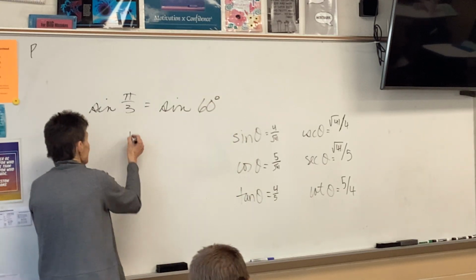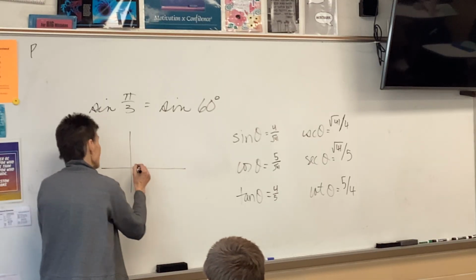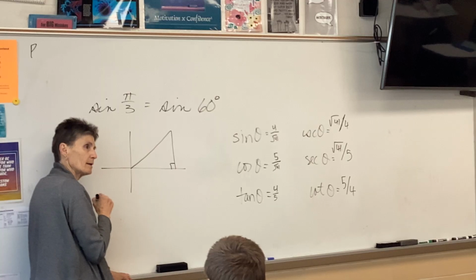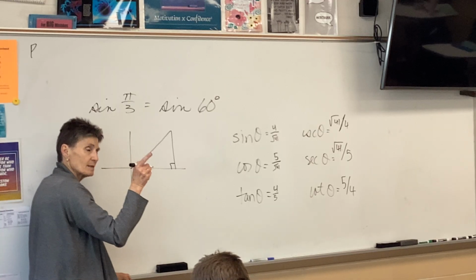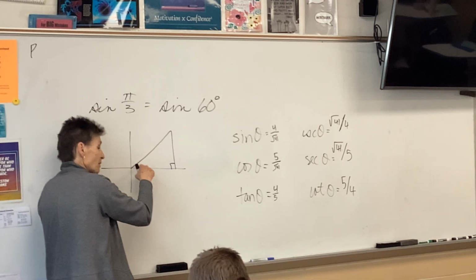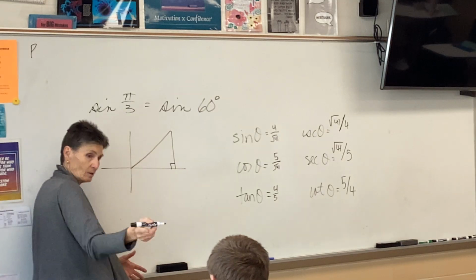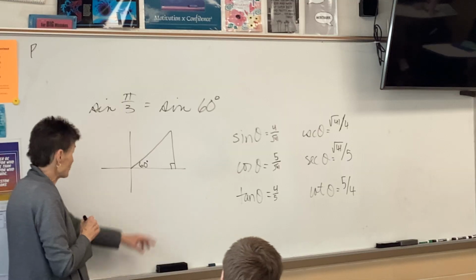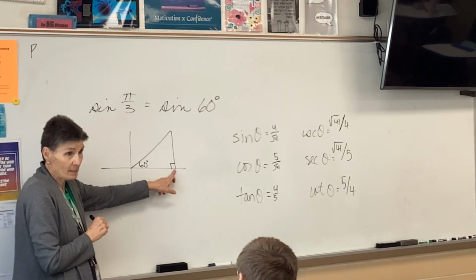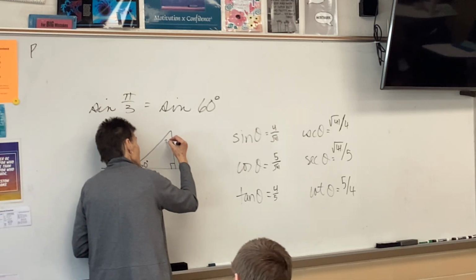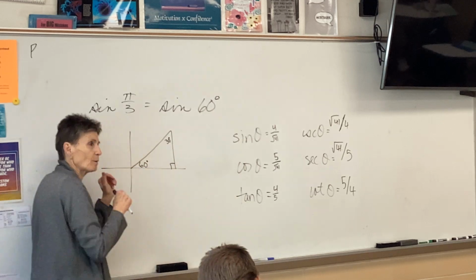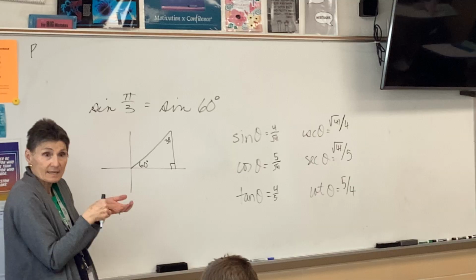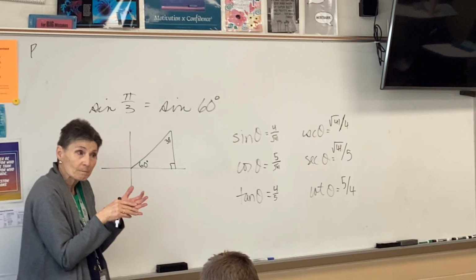Now, remember that triangle you drew a minute ago for that other problem? I want you to draw the same triangle. But before we put a theta here, because we didn't know the angle, now we're going to put a 60 there. And it's a right triangle, so that's a 90, which means this guy up here is 30. You don't need to write that down, but I want you to recognize you have a 30, 60, 90 triangle.